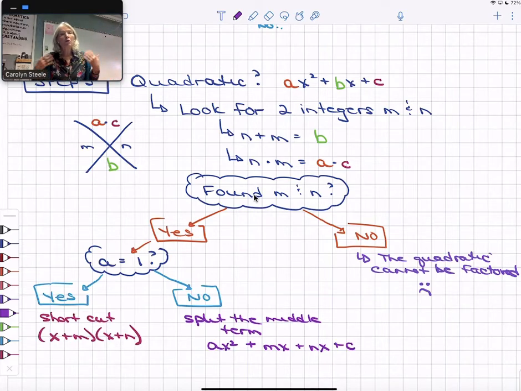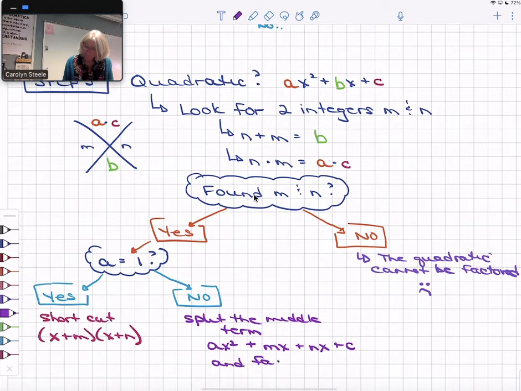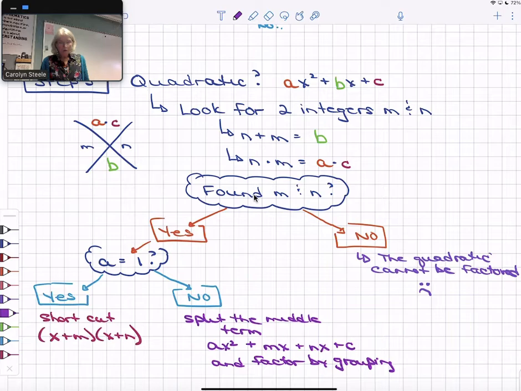Once you split that middle term, notice you have a polynomial with 4 terms, so you're going to factor by grouping. All right, so that's how you do a quadratic.